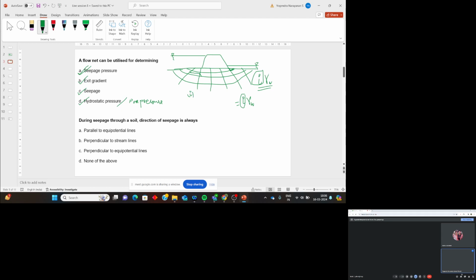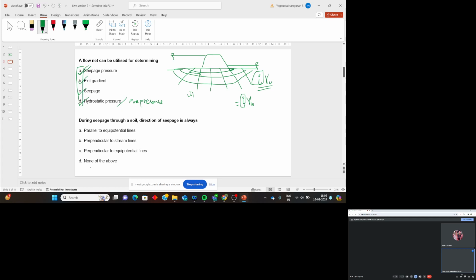That is how a flow net is used in two-dimensional flow to get the hydraulic gradient. If you get the hydraulic gradient, everything you can get: seepage discharge, exit gradient, seepage pressure, and pore pressure. So you can determine all the quantities.